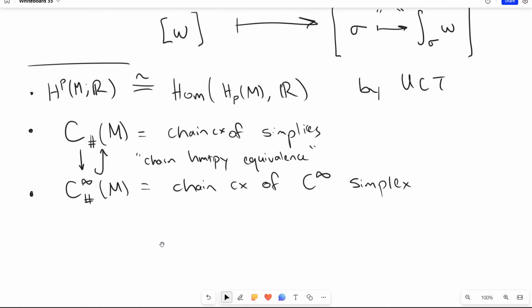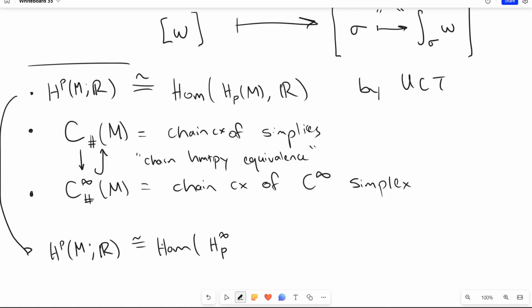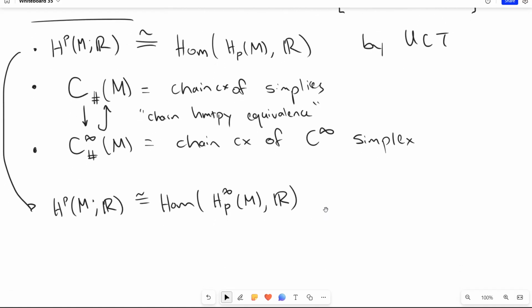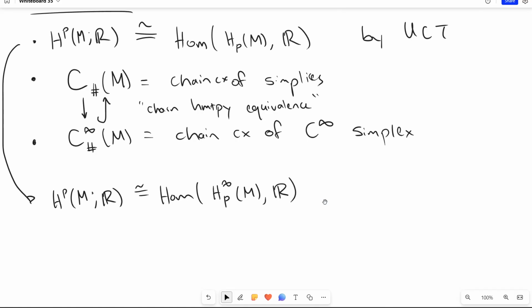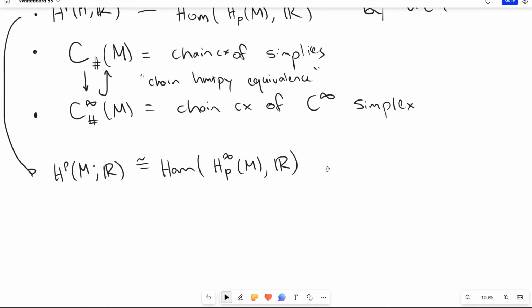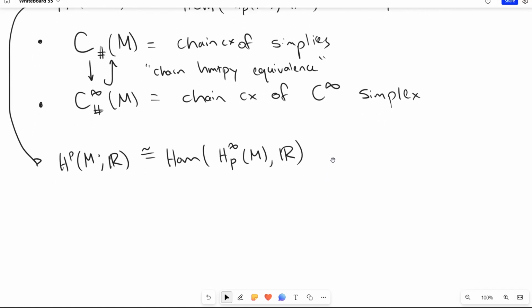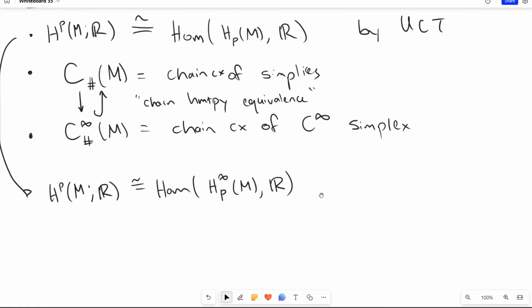So we can say, replacing this, that H^p, the singular cohomology, is isomorphic to hom from H_p infinity, the smooth homology theory, the smooth singular homology. It's a little funny that we use the word smooth singular. Whatever. So now that we're in this world, we actually can define what it means to integrate over a simplex.